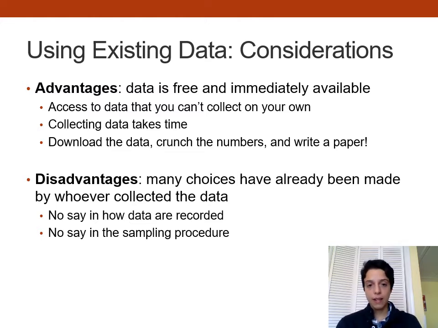So a way that this could be a disadvantage, for example, would be if you were interested in a group of people in the population who are a small proportion of the population. For example, if you were interested in the criminal justice experiences of, say, people who are Native American.